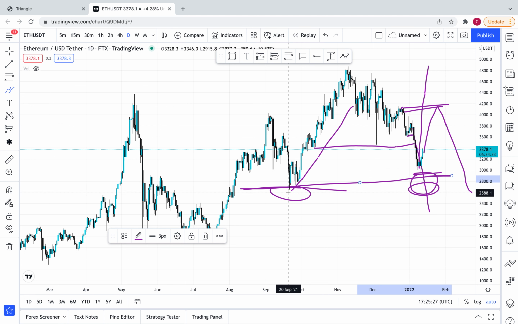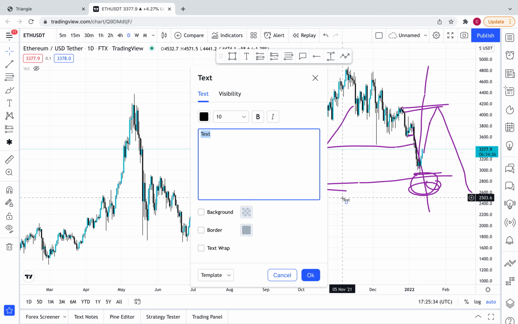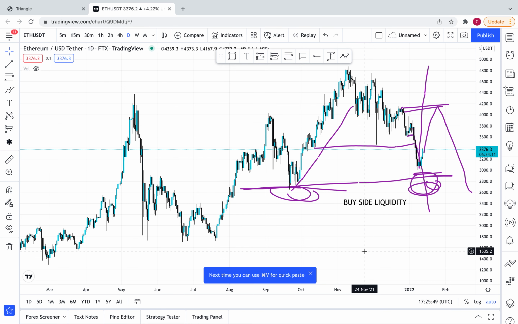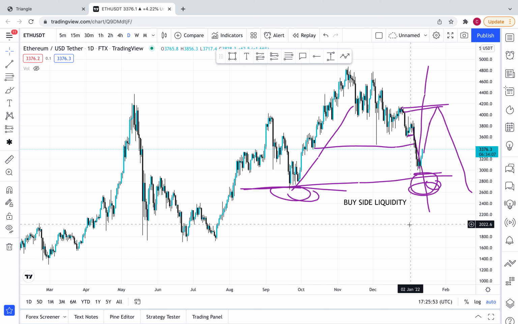So we have buyers here, we have buyers here. So if you are to name this region, we'll name it buy side liquidity, which would be taken out soon.